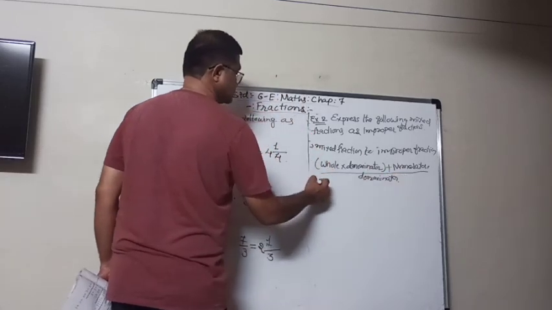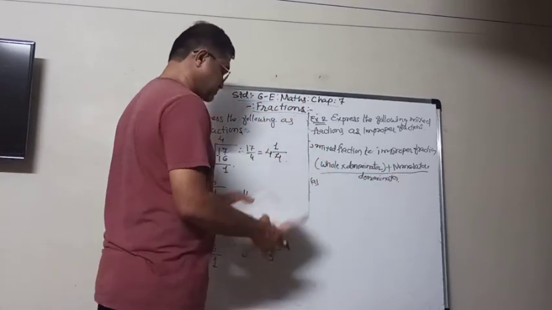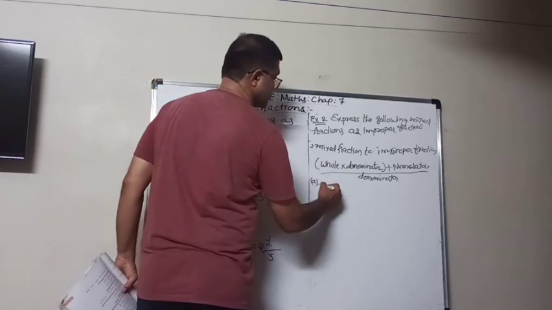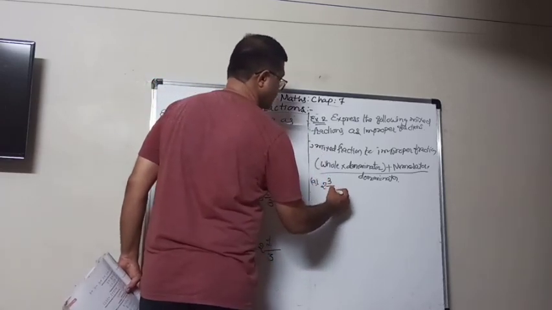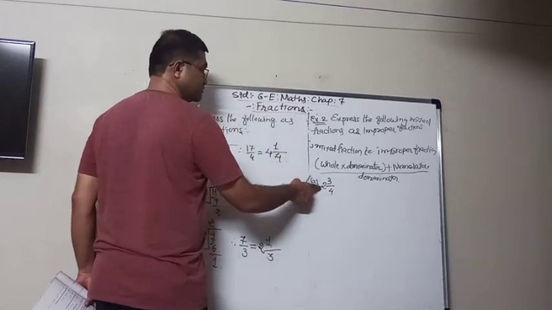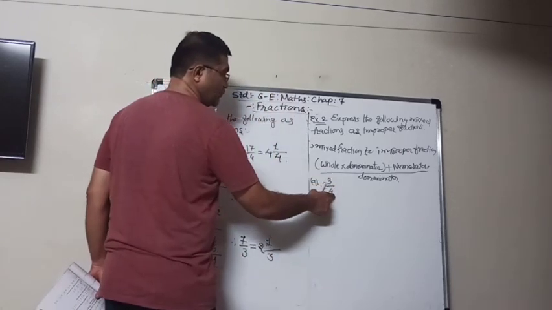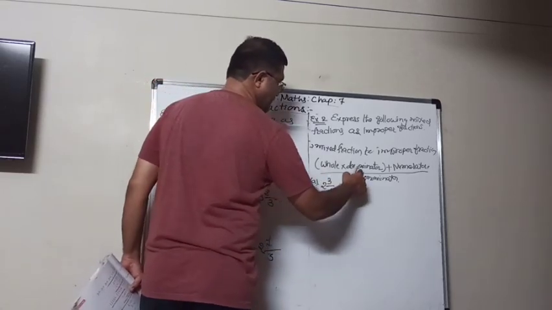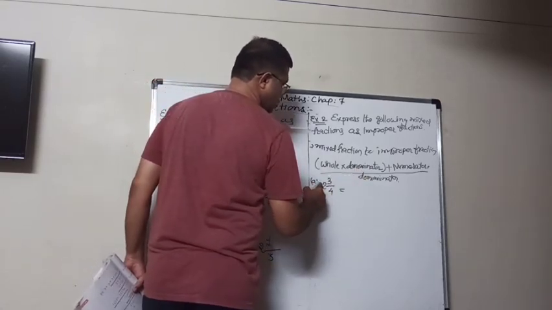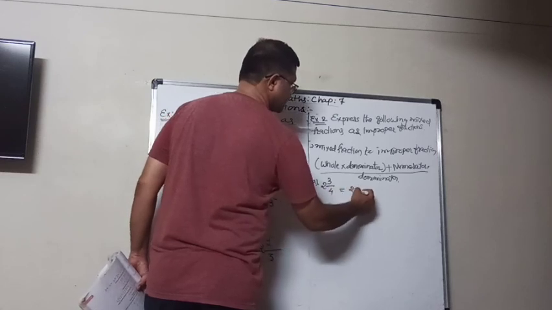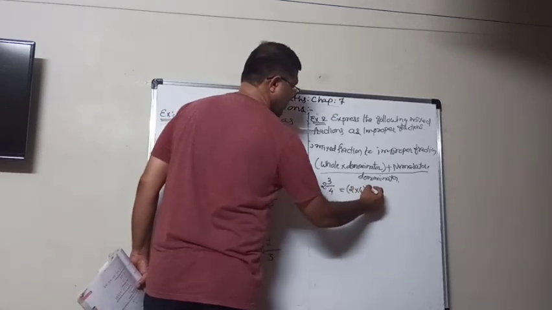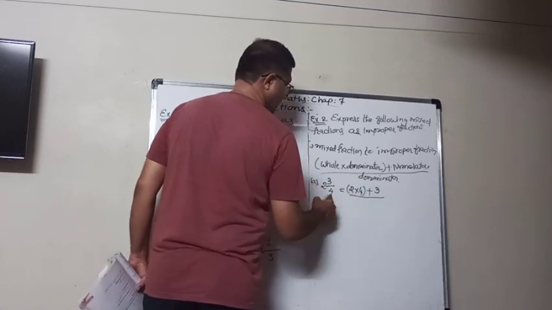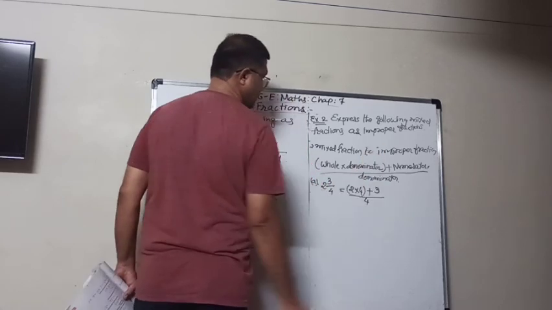So let's understand with examples. First one is 2 integer 3 upon 4. So here 2 is the whole, 3 is the numerator, 4 is the denominator. So now whole multiplied by denominator means 2 multiplied by 4 plus numerator means 3 and divide by the denominator again.